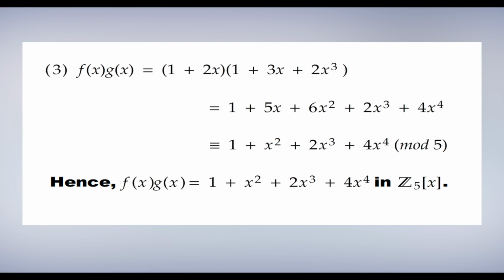So 5 by 5 the remainder is 0, so 0 times x is 0, so the term is not here. 6x^2, 6 by 5 the remainder is 1, so 1 times x^2 is x^2, and plus 2x^3 plus 4x^4. We have applied mod 5 here. Hence f(x)g(x) = 1 + x^2 + 2x^3 + 4x^4 in Z5[x].